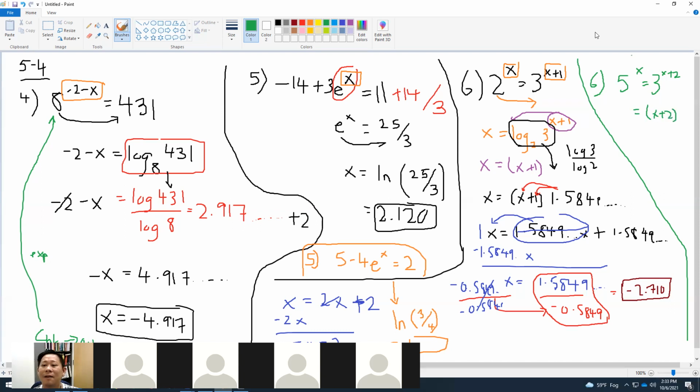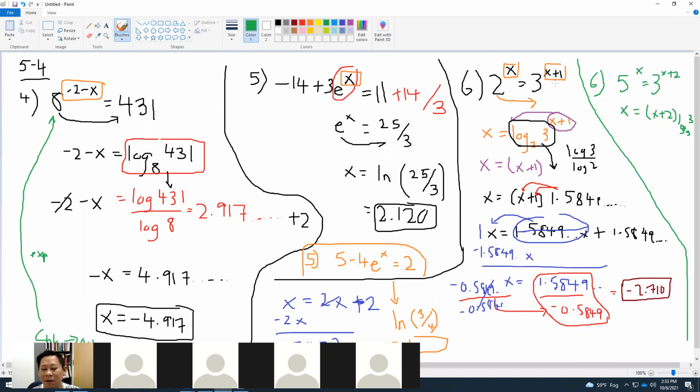What did you say again? Log base 5 to 3. Okay, what is on this side then, on the left side of the equation? X. Good. That is a good start.